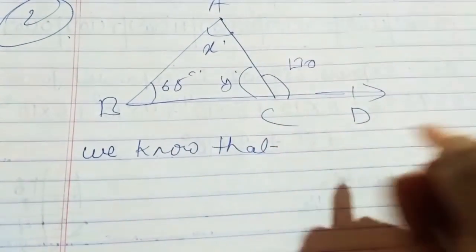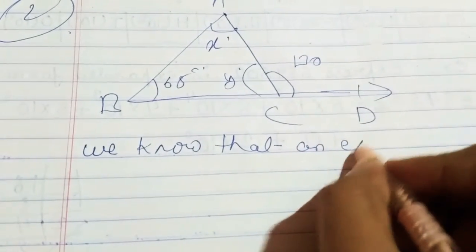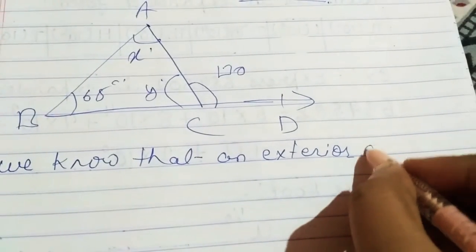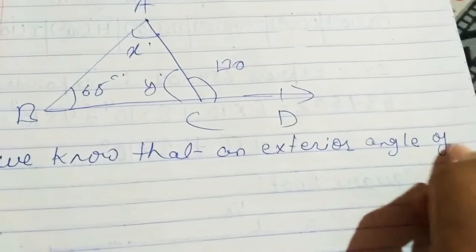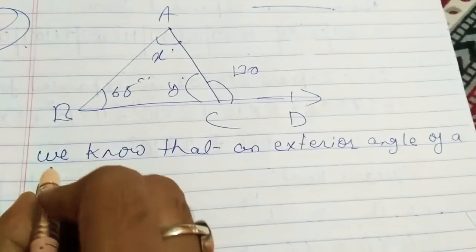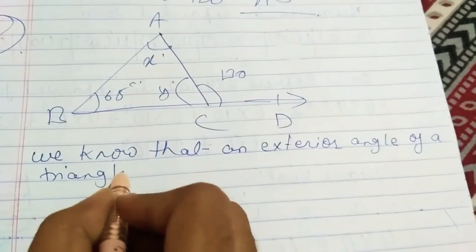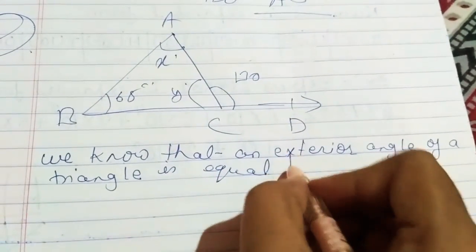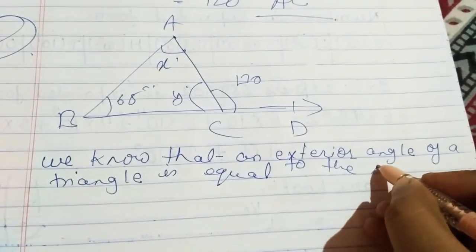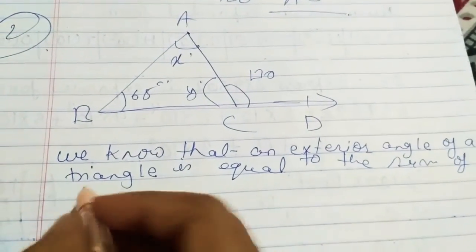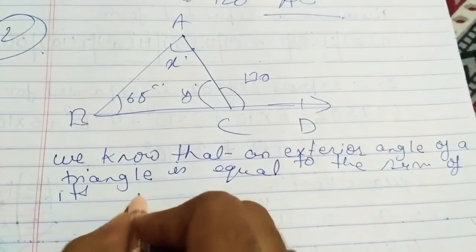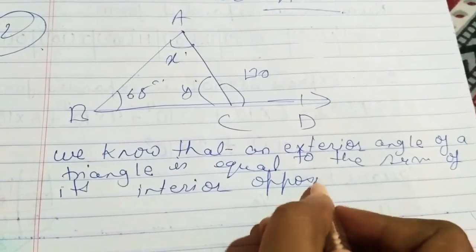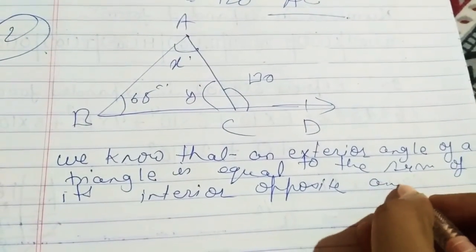We know that an exterior angle of a triangle is equal to the sum of its interior opposite angles.